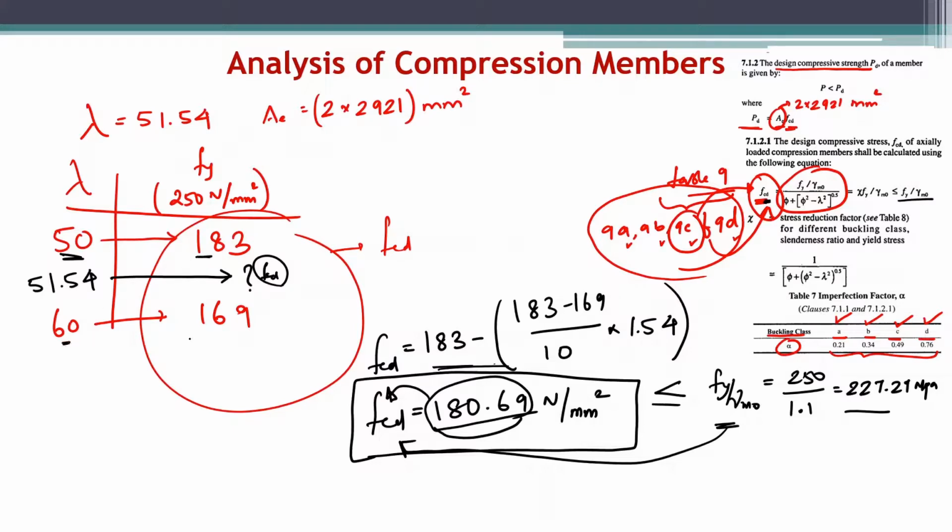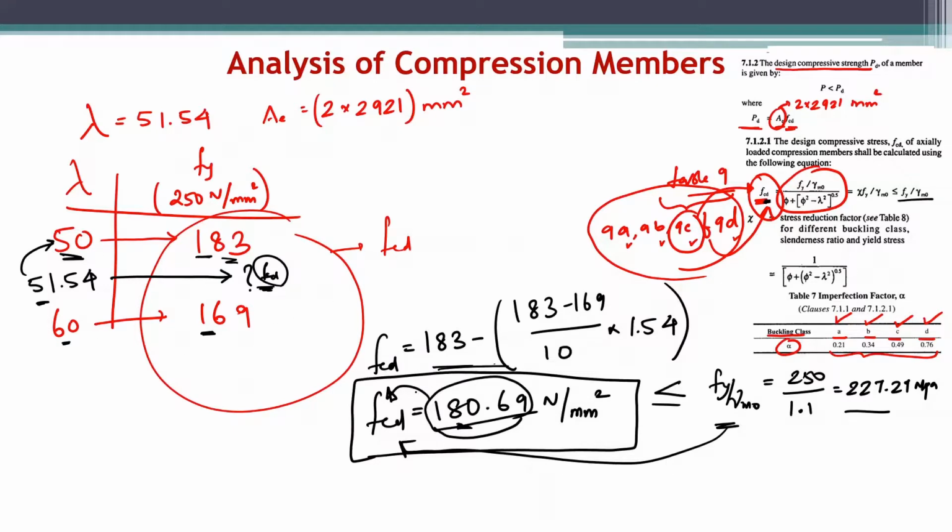For 60, the value of FCD is 169. So for 51.54, which is close to 50, the FCD you get also has to be close to 183. The value is 180.69, so it is rightly matching with the concept.